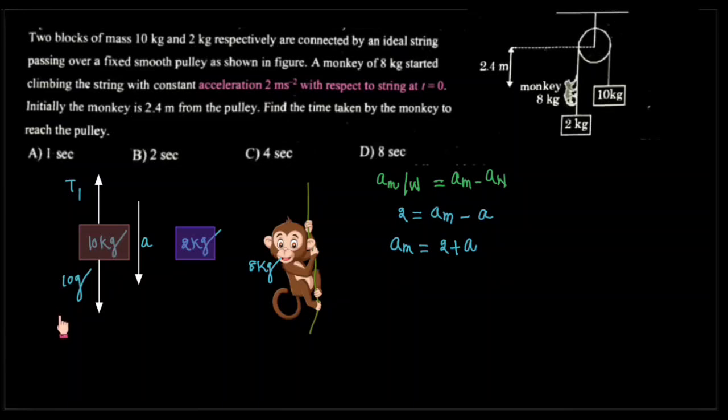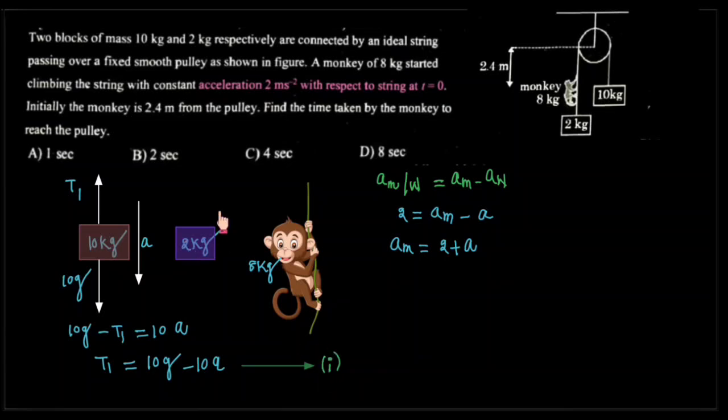Therefore 10g minus T1 equals 10 into a. From this equation, T1 is equal to 10g minus 10a. Let it be equation 1.